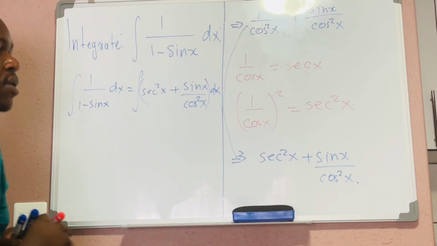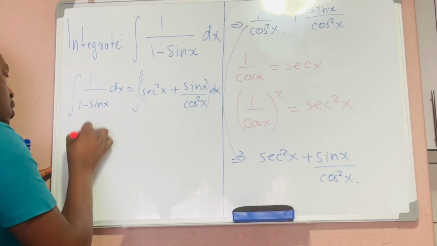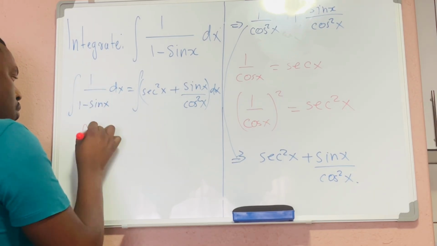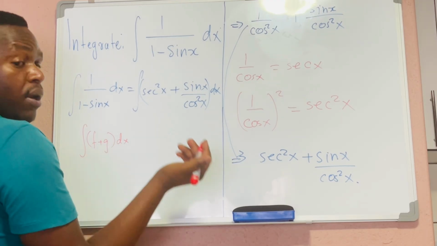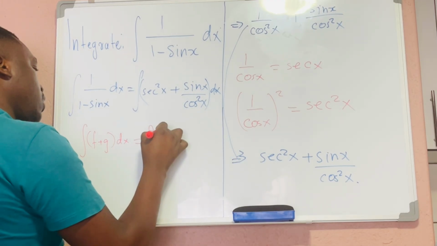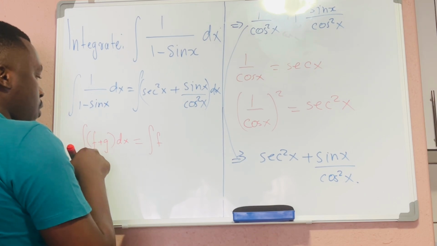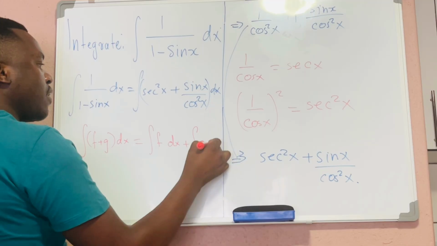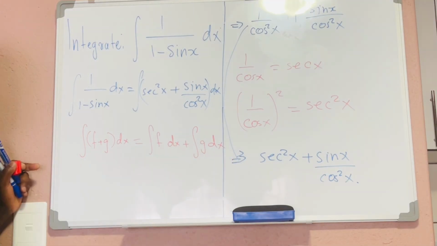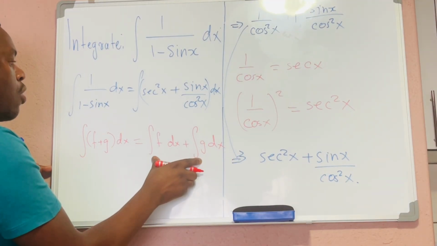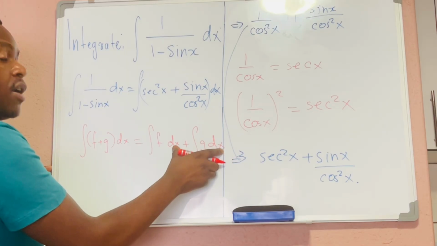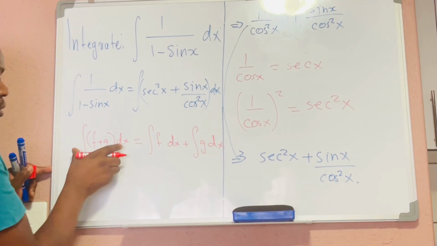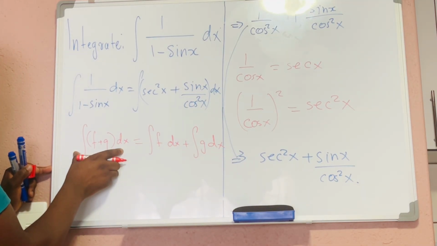So we have properties of integration, which states that if we have the sum of two functions and we want to integrate this, we are allowed to integrate the first function with respect to x, then integrate the second function with respect to x. At the end of the day, if we were to factor out the integral as our common factor, we will go back to this original guy here, right?